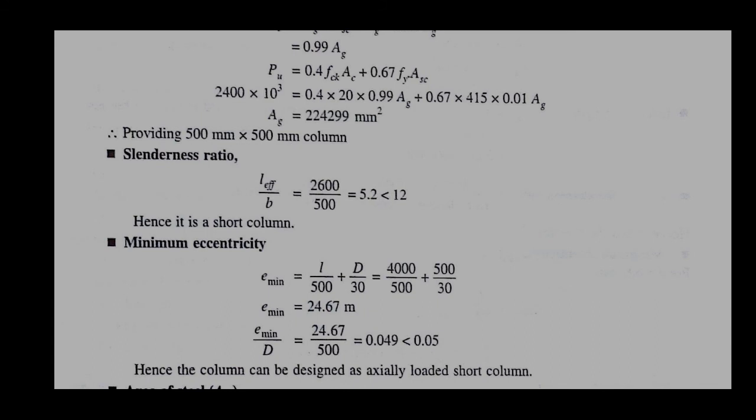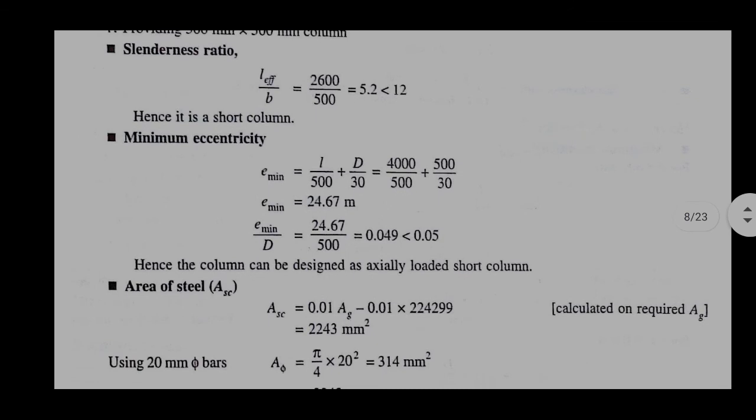So, E minimum by D is equals to 24.67 by 500, that is equals to 0.049, which is less than 0.05. So, this condition is satisfied, hence the column can be designed as an axially loaded short column. This is the consideration of an axially loaded short column.